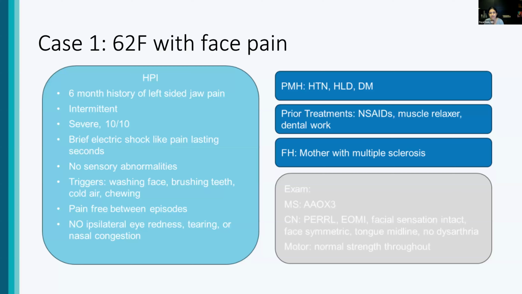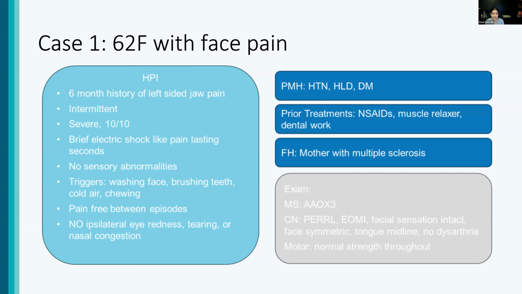As far as her other history, she has hypertension, hyperlipidemia, and diabetes, so some vascular risk factors that are relatively well managed. She's tried NSAIDs and muscle relaxers for this pain that have not been very beneficial. She even had some dental work done that did not help the pain. Her family history is pretty non-contributory, except her mother has multiple sclerosis. And on her exam, her mental status, she's awake and she's oriented.